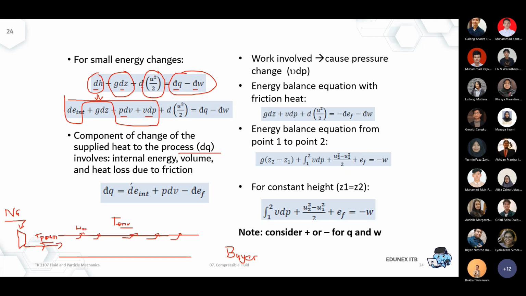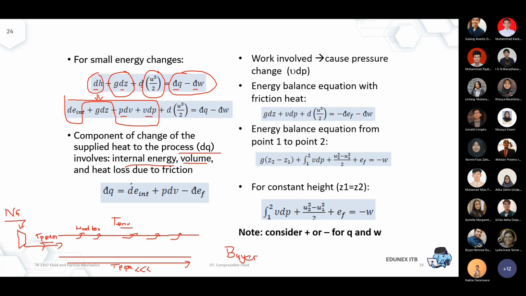And to make it more complex, the heat loss affects a lot of things, right? The heat loss affects the volume, the enthalpy or the internal energy, and the friction. So along the way, the temperature of the pipe gradually decreases, for example, because some of the heat is lost to the environment.